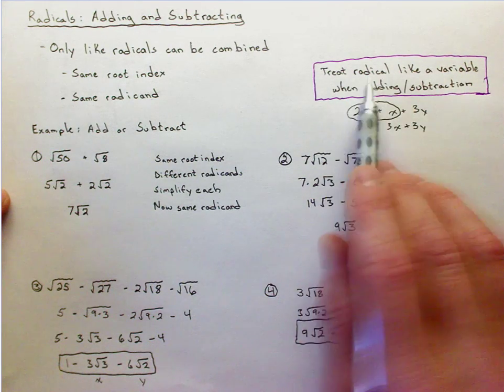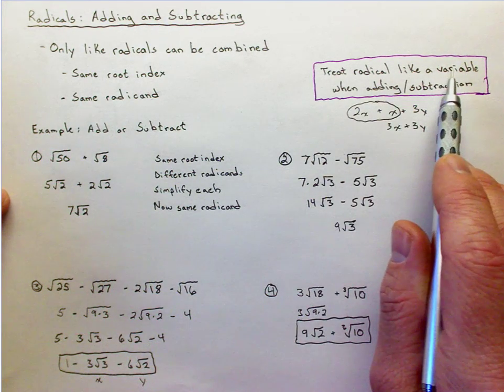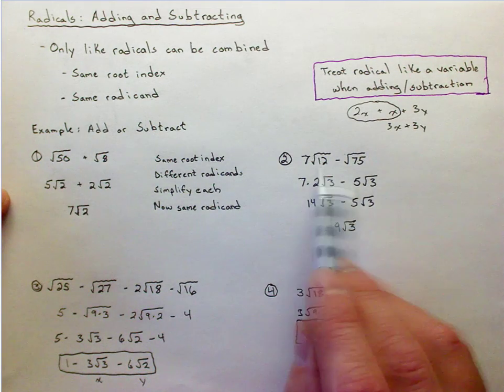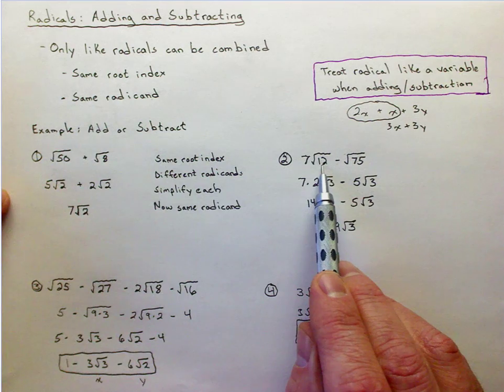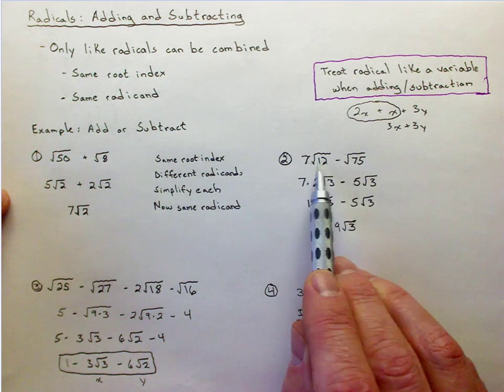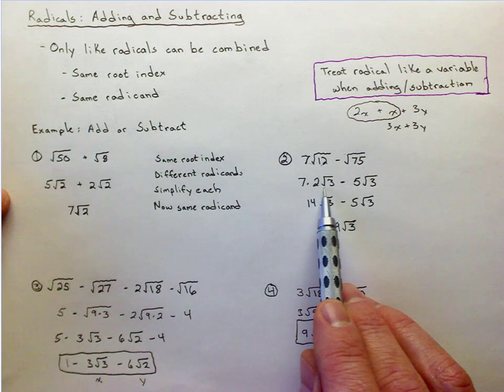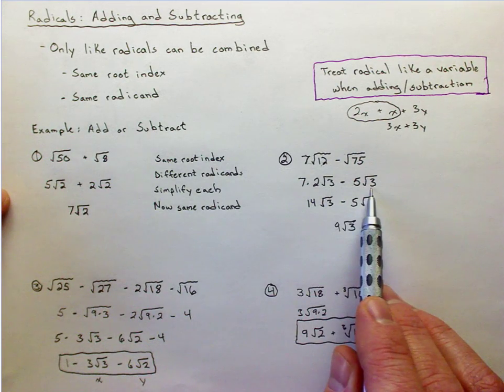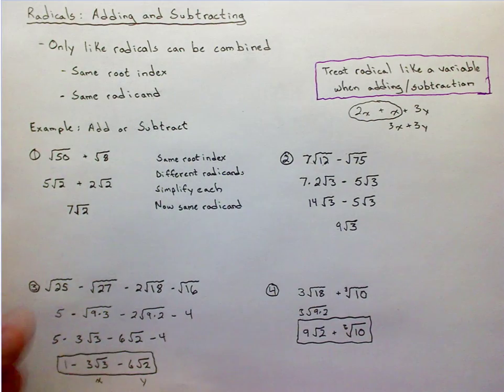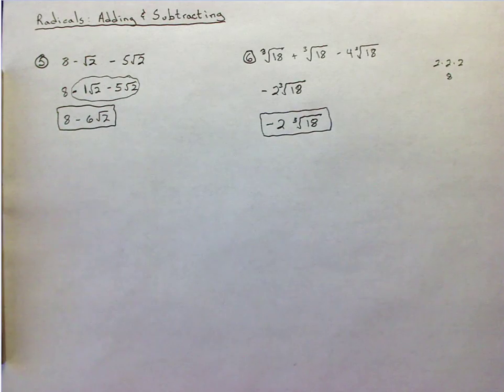And we already know how to do that by combining like terms. For instance, we could do nothing with this example, the square root of 12 and the square root of 75. But once I simplified, I ended up with the square root of 3, the square root of 3. Now I can combine those. So critically think and structure your homework, and good luck on adding and subtracting radicals.